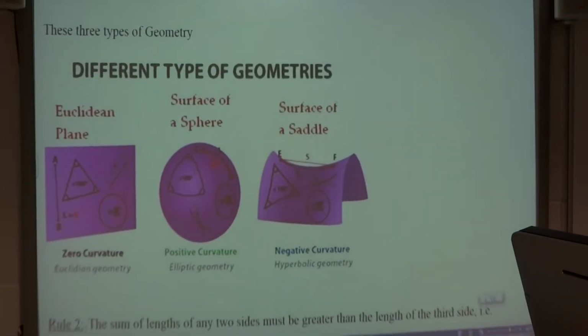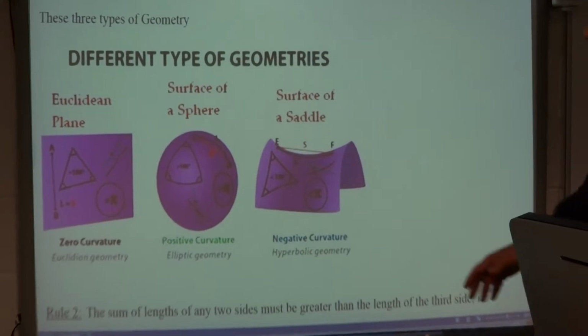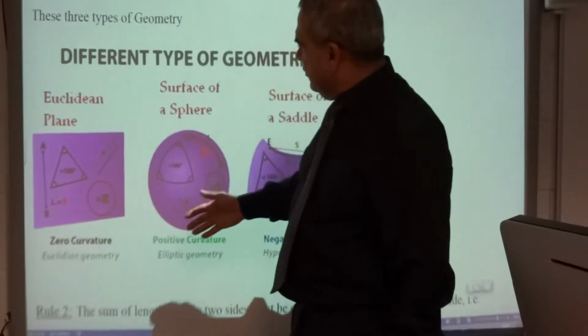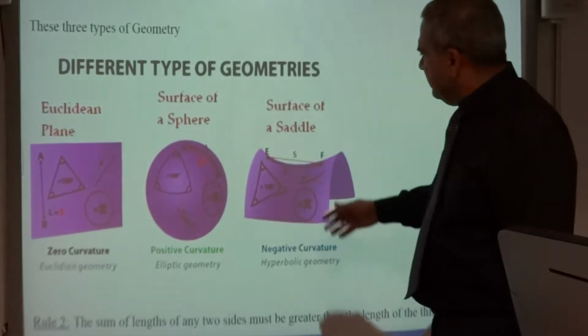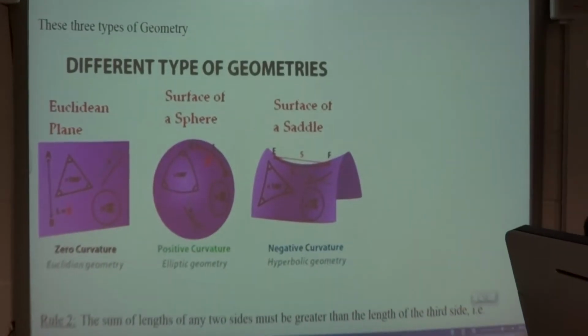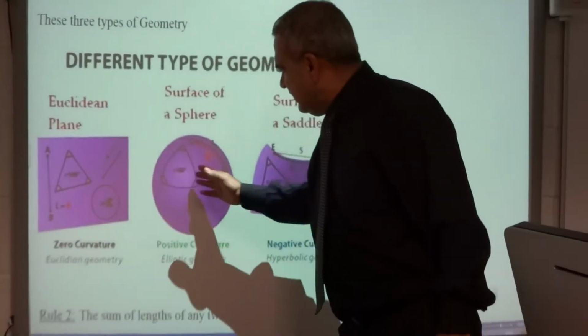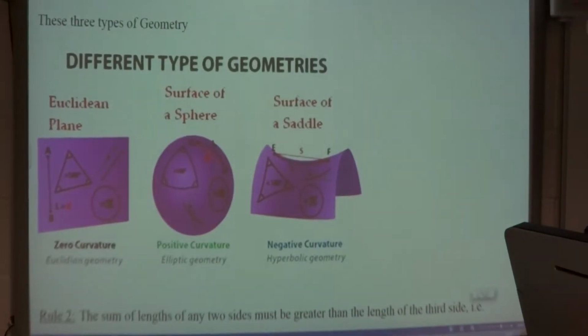There are different types of geometry: normally this is Euclidean geometry, this is spherical, and this is called saddle geometry. This is 180, this is more than 180, and this is less than 180.